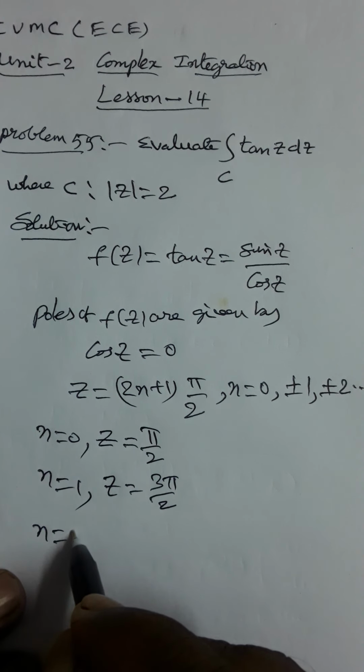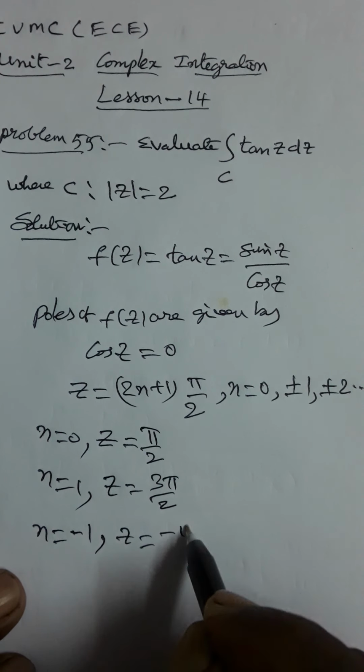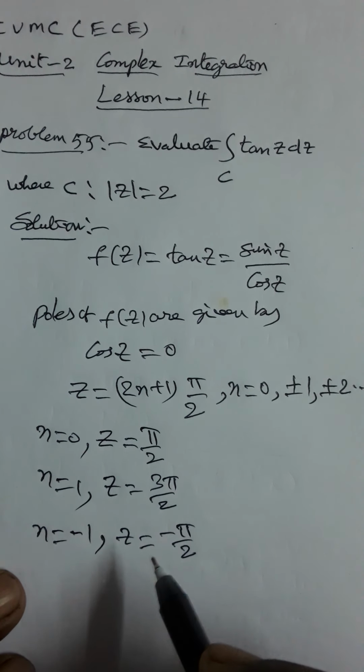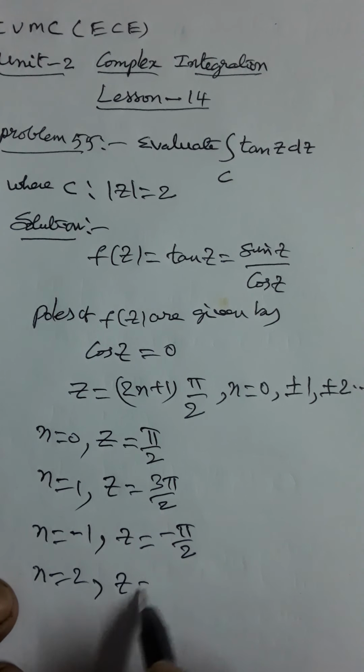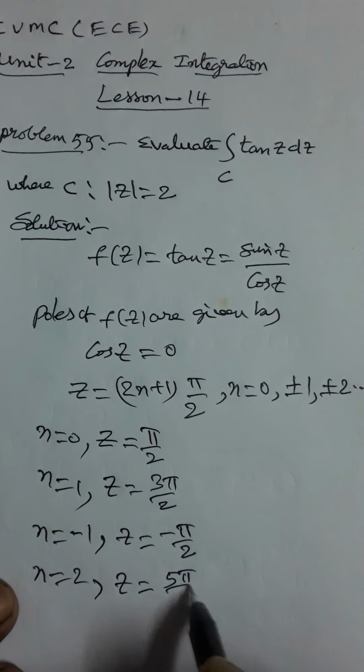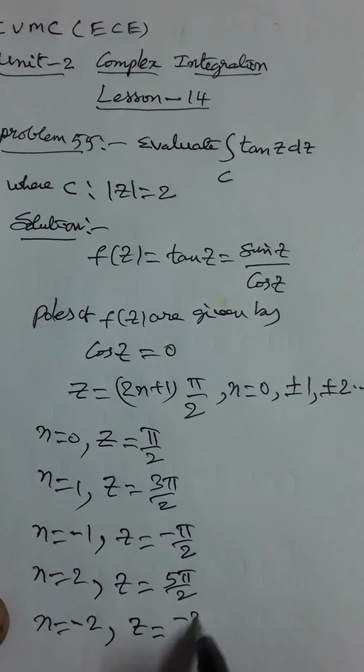N is equal to minus 1, z is equal to minus pi by 2. N is equal to 2, z is equal to 5 pi by 2. N is equal to minus 2, z is equal to minus 3 pi by 2.